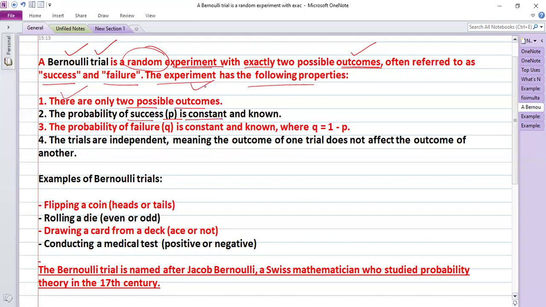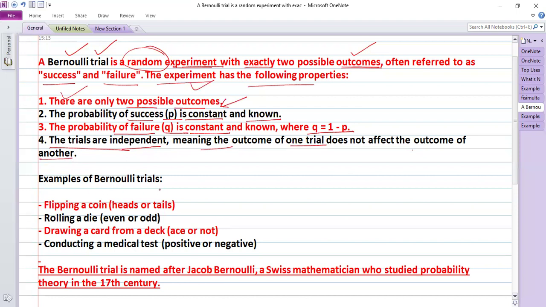No matter how many times we conduct this Bernoulli trial, the probability of success must be the same throughout, and it should be known. What is Q? Q is 1 minus P, the probability of failure. It is also constant throughout all the trials, and the trials are independent, meaning the outcome of one trial doesn't affect the outcome of another.